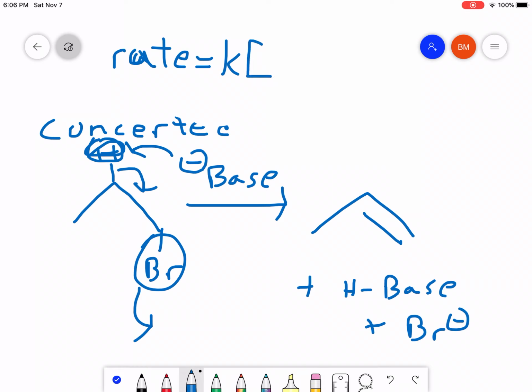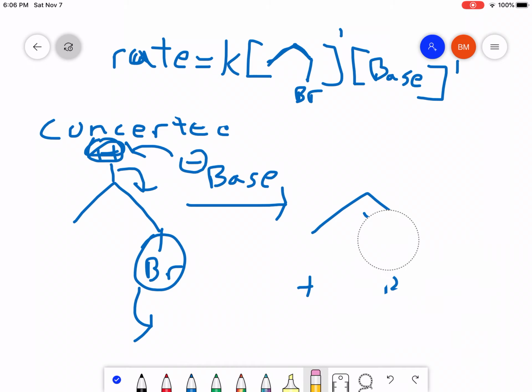Our alkyl halide certainly was a reactant that was involved, so it goes there. And our base. Just like we've seen in the past, they're not going to have anything different than an exponent of 1 here. So we can say 1 plus 1 equals 2. This is a second order reaction. Easy peasy.